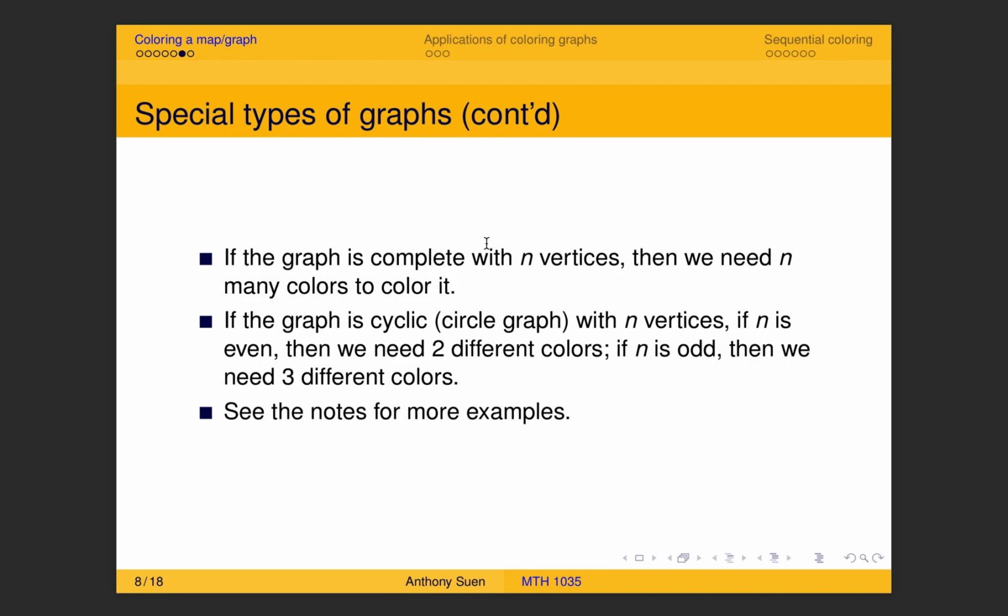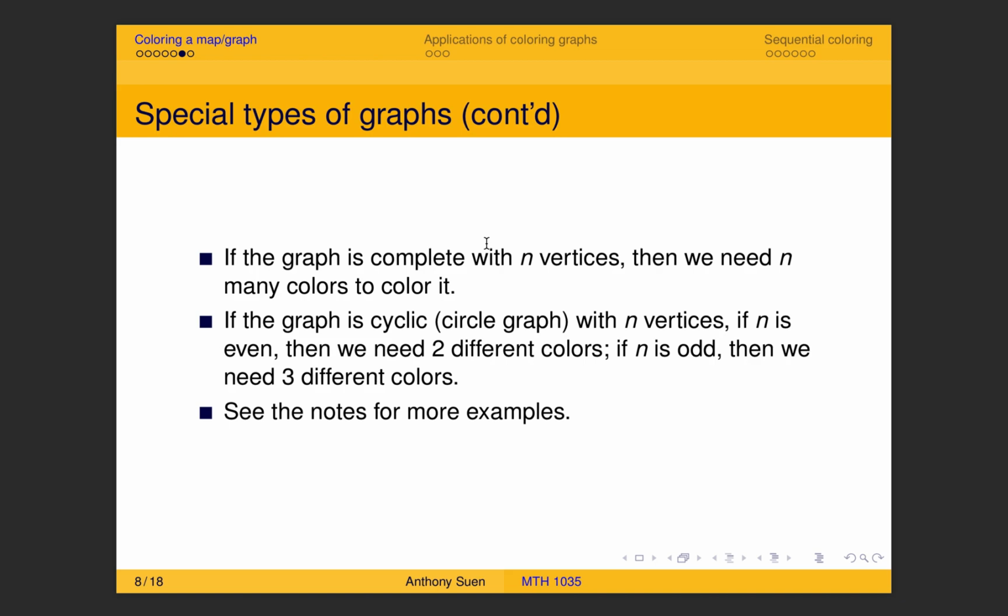So if you have n vertices in a complete graph, you must use n colors to color it. There's no way you can do it with fewer than n, for the reason I just mentioned. So that is a special case.